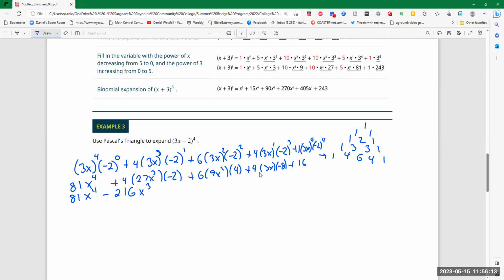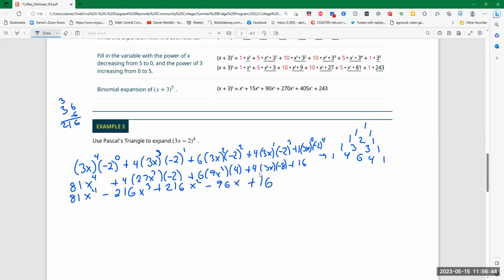Then this is going to be 36 times 6. It's going to be 216 x to the 2nd. This is going to be negative, and then that's 32 times 3 is 96.